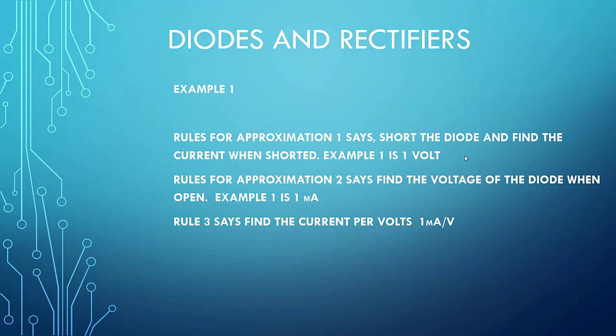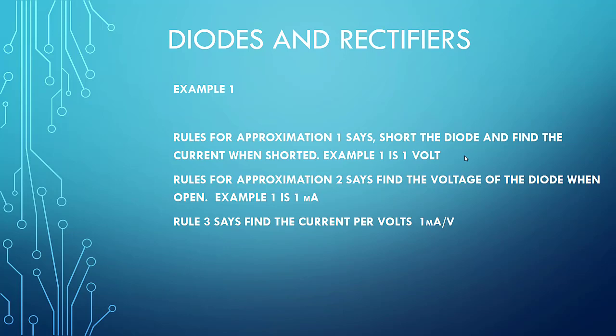All right. Then we look at how to make the load line. The rules say short the diode, find the current when shorted. So the example 1 is 1 volt. Rule 2 says find the voltage of the diode when it's open. Now this is for the load line. I just told you that for the approximations, the first one is an ideal diode, and the second one says it's not ideal, it's going to do 0.7.